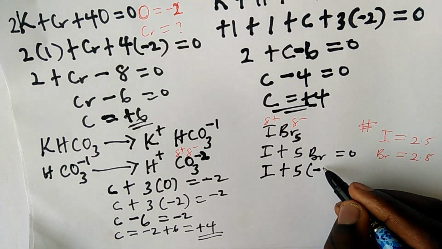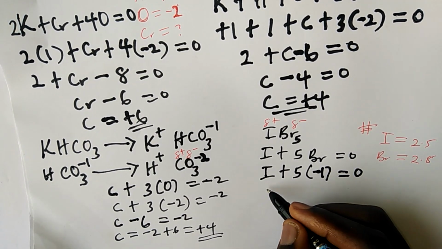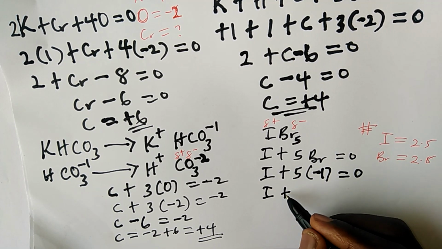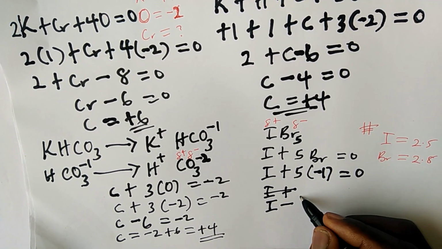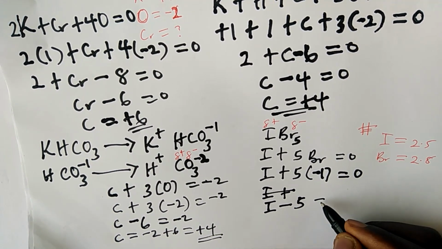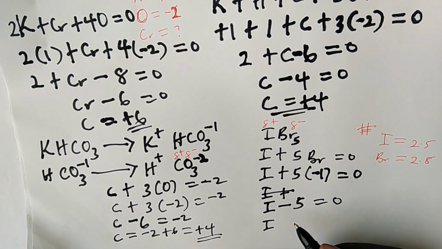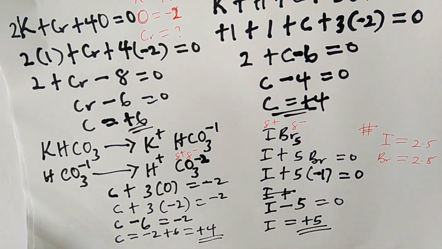A negative 1 charge, is equal to 0. Iodine minus 5 is equal to 0. Iodine, you carry to this side, becomes equal to plus 5.